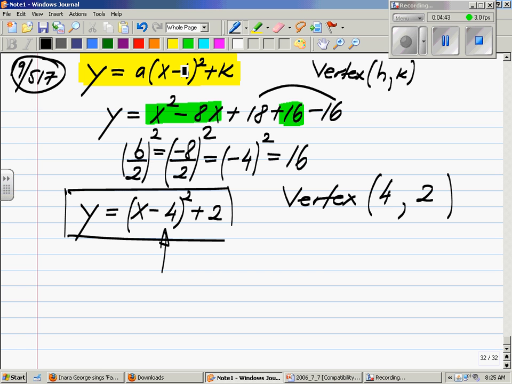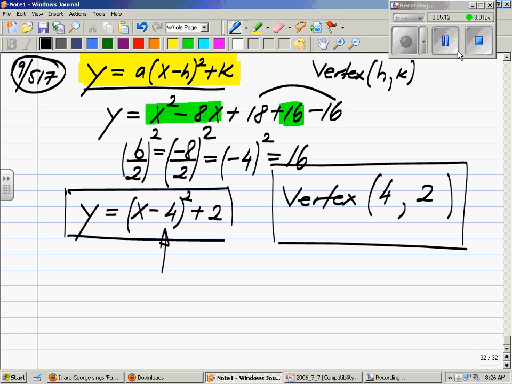Now be careful: if in the parenthesis you have a plus, whatever number you have there, you take it with a minus sign. If your k is a negative number, you would put a negative here. But if it looks exactly the same as in our vertex form here, you take just the number, 4 and 2, and that's your vertex. This is it.